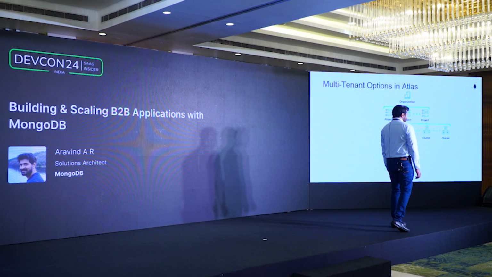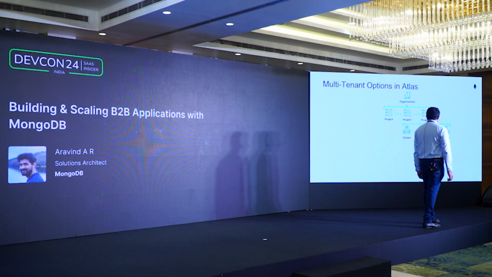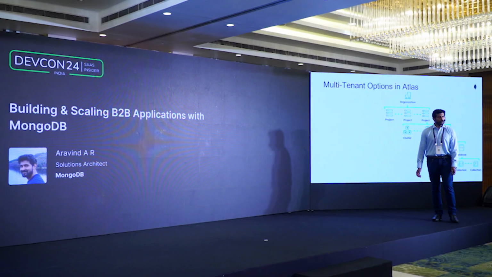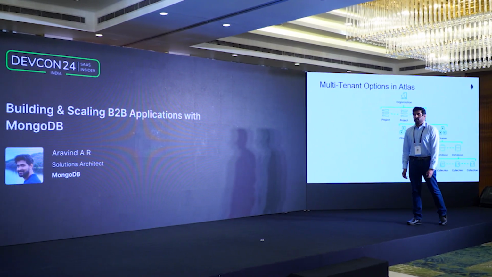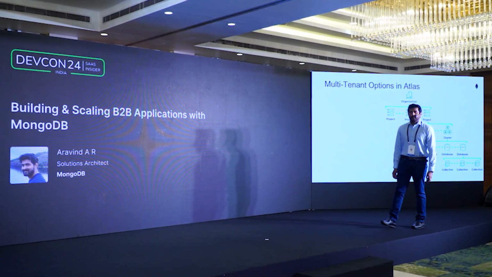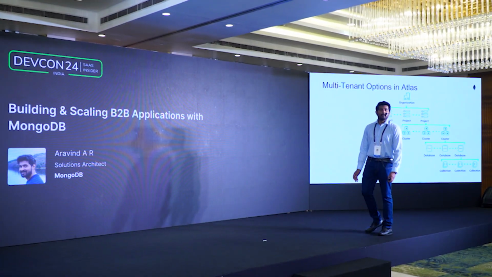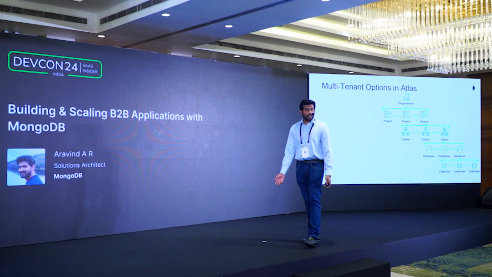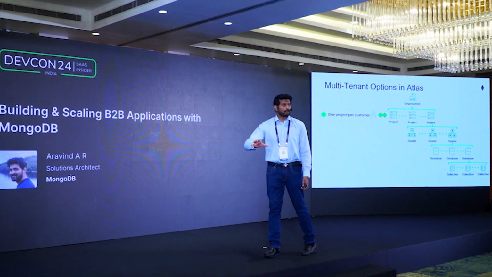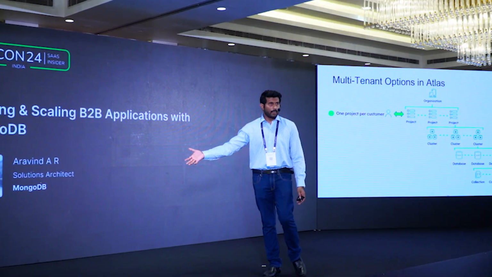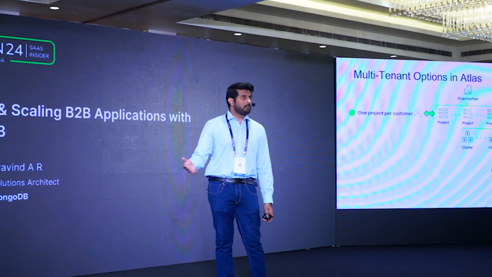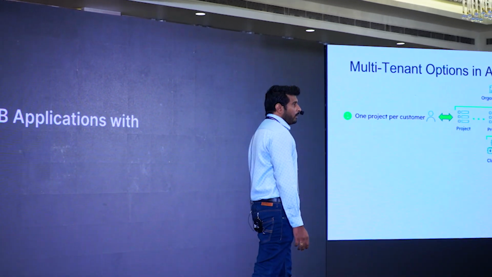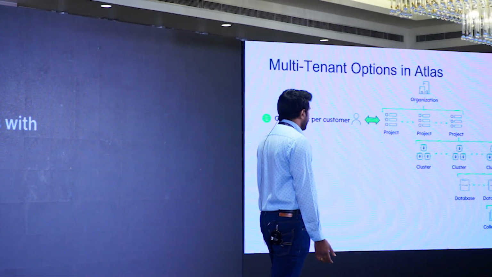So for those who are using Atlas, in addition to these three multi-tenancy options, you have one more, which is project level multi-tenancy, where in addition to database level and cluster level segregation, you would have a network level segregation as well, where each customer's deployment will be done on a different network, which helps you with compliance and auditing requirements in specific spaces like healthcare or banking, as I said.